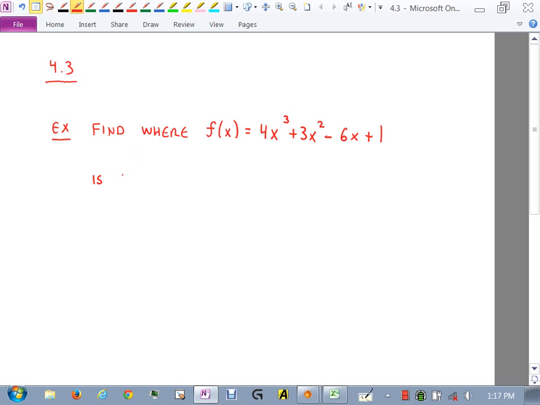So here's an example. This is for 4.3. Example: find where f of x equals 4x cubed plus 3x squared minus 6x plus 1 is increasing and decreasing.